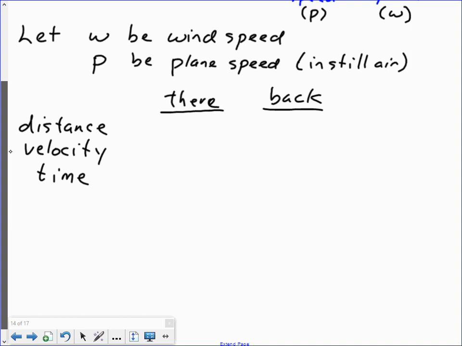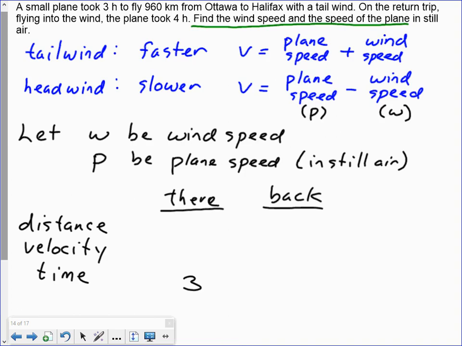So on the way there, it took 3 hours, so our time is 3. The distance is 960 kilometers. And its velocity, well, let's see, on the way there, it's got a tailwind. So our velocity is going to be our plane speed plus our wind speed. So P plus W, because our plane is being sped up by this tailwind.